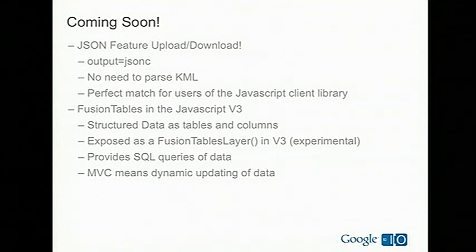So we will be launching soon, by the end of Q2, by the end of June, a JSON feature upload and download. So there's no need to parse KML. Of course, if you have JSON being returned within a JavaScript application, it's pretty easy to parse. It's also very easy to parse in Python. You probably don't need to change it because you're using Java, and Java has pretty robust XML parsing built in.